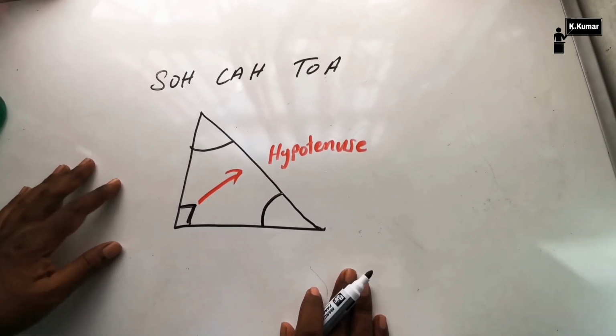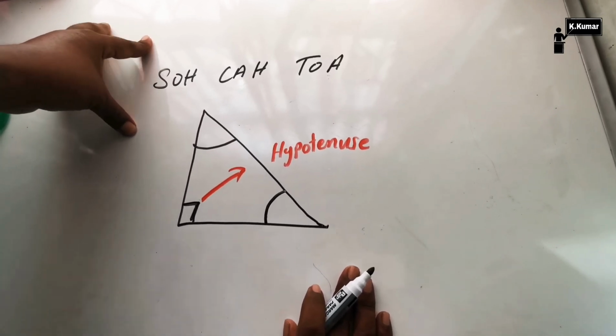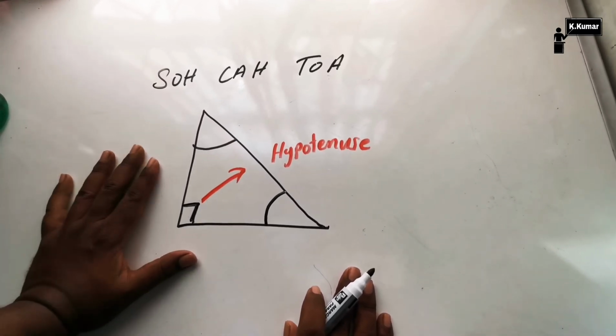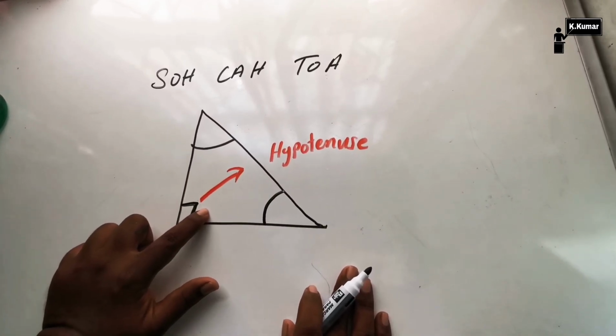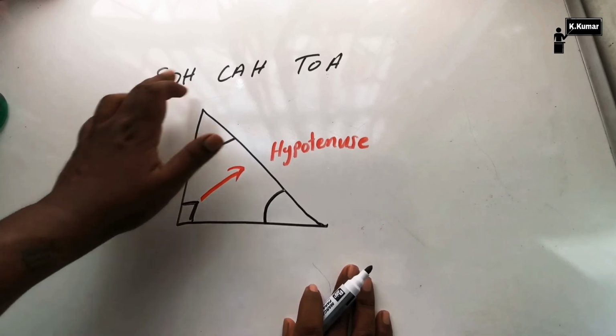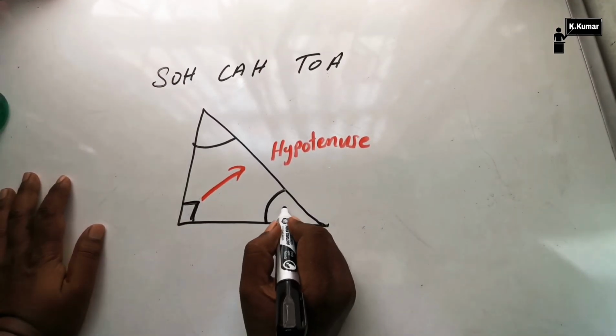A quick recap. Remember, we use trig ratios to find missing sides or missing angles in right angle triangles only. Our hypotenuse is the side that is opposite the right angle. To identify which of the three ratios we have to use, we look at where theta is given.